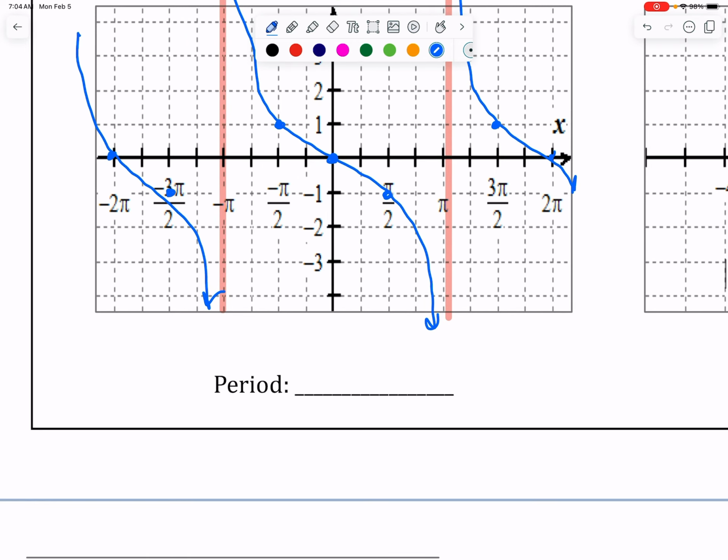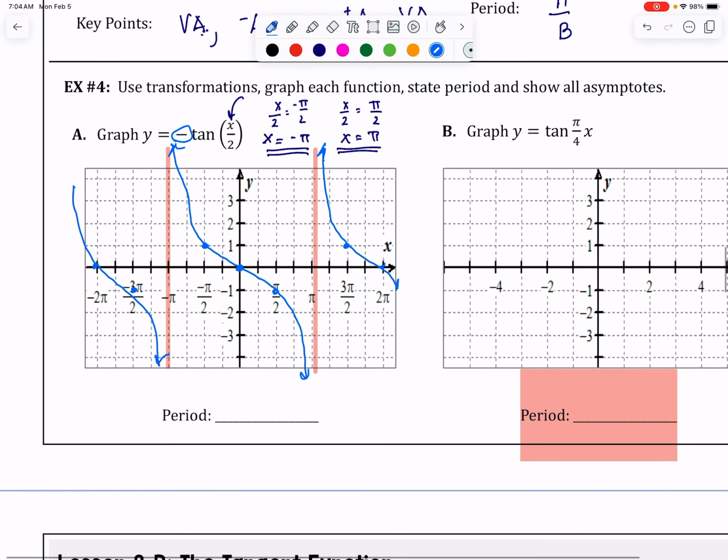Down here it says find your period. Remember, period is pi over b, and in this case, our b is 1/2. So our period is 2 pi, which you can see. This right here is one cycle of our tan, and that length is pi.